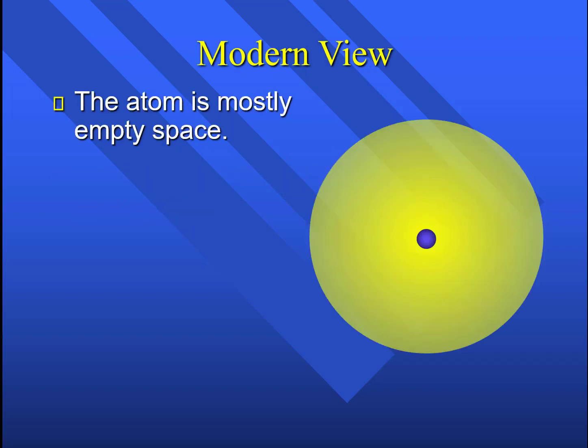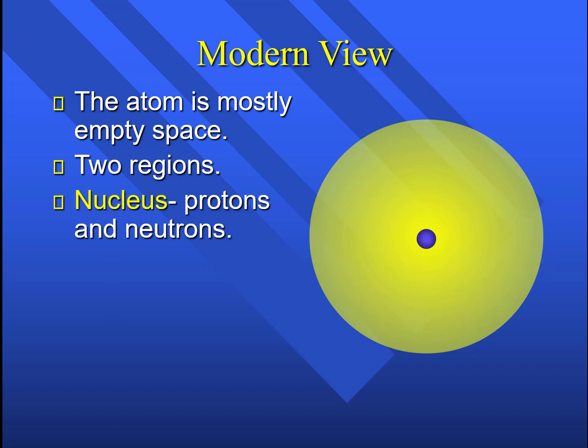So the modern view of the atom. The atom is mostly empty. When you put a bowling ball in a baseball field, you have changed it from empty to mostly empty. There are two regions. The nucleus, in the center, you see it flashing there.